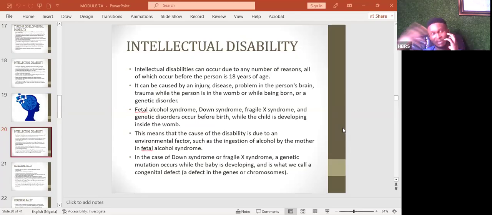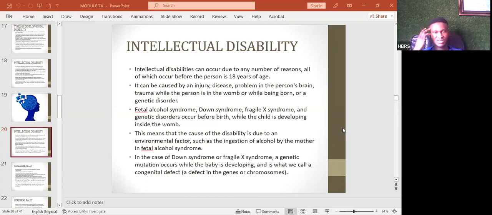They take alcohol, they call it being happy. What happens? A child may be born with fetal alcohol syndrome that affects the brain, and the child has what? Intellectual disability, inability to learn. When I say learning, a lot of varieties: the child may not be able to learn to crawl, learn to walk, learn to eat, learn to pee, learn everything.